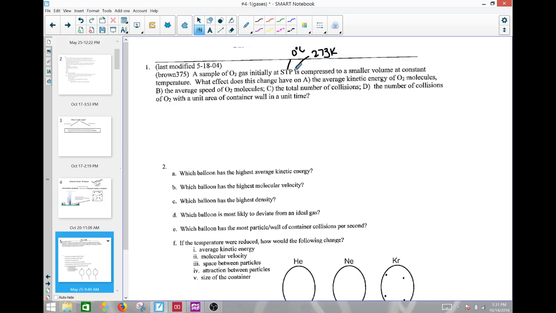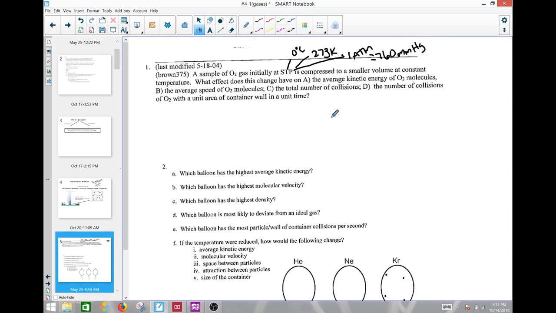And then the pressure is 1 atmosphere, or the equivalent would be 760 millimeters of Hg or torr.